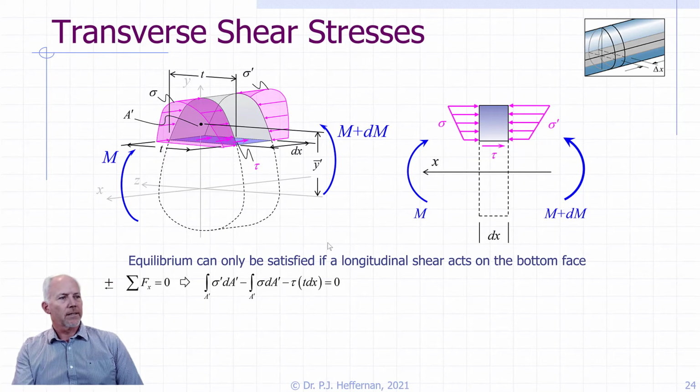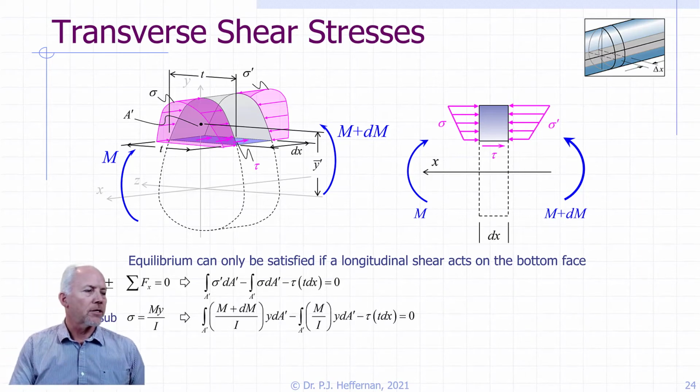And so that then needs to have a negative of the shear stress, tau, multiplied by the area over which it acts, which, if we go to the left-hand diagram, we see is dx as the thickness of our slice times the width at the interface, which we said was equal to t. And we set that equal to 0.